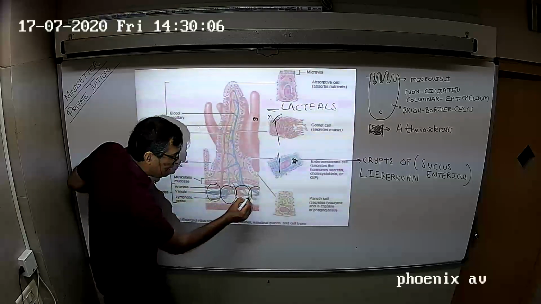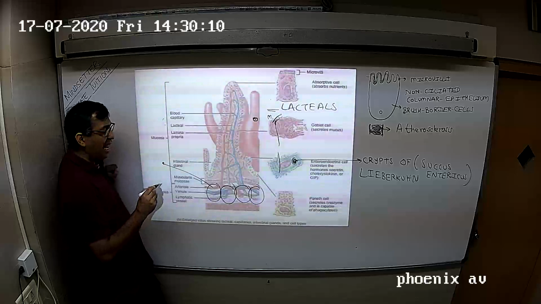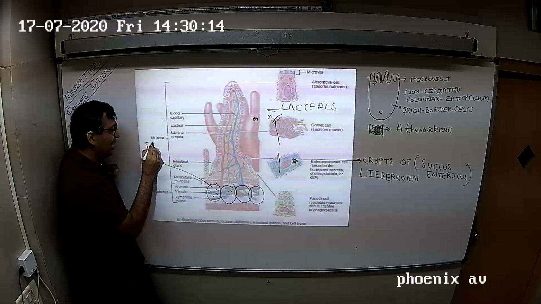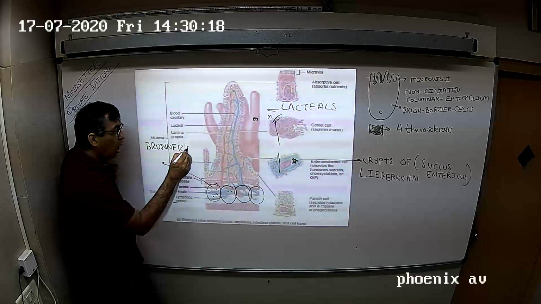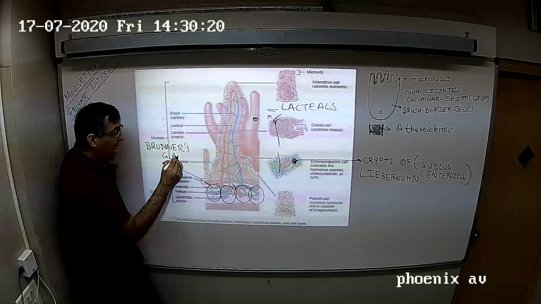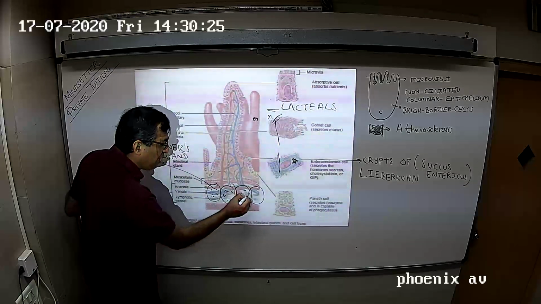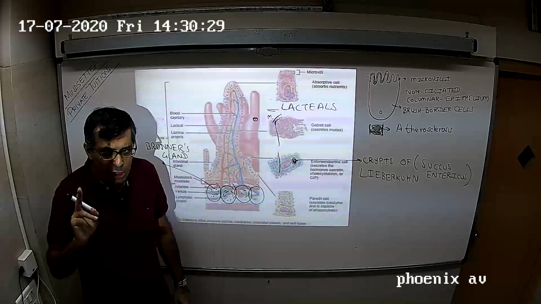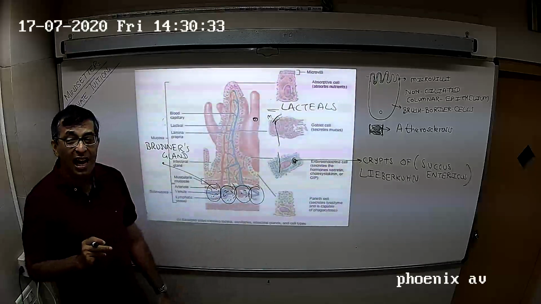Submucosa of the duodenum has in it special cells which are called Brunner's gland. And Brunner's gland give out a lot of alkaline fluid. Brunner's gland keep on giving a lot of alkaline fluid. There are these Brunner's glands found in the submucosa of the intestine.